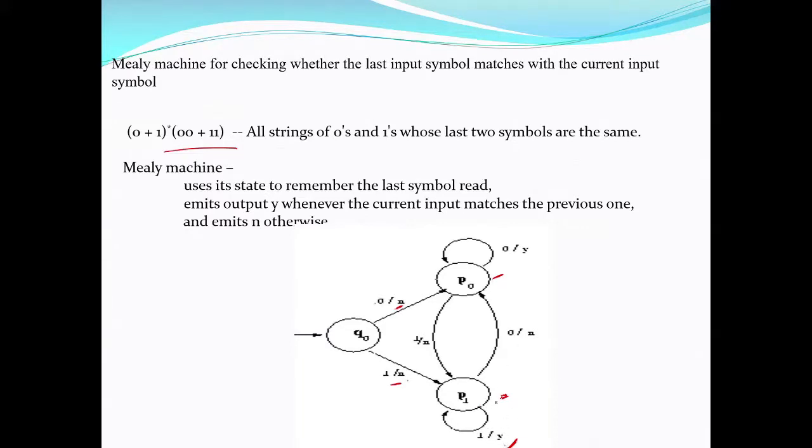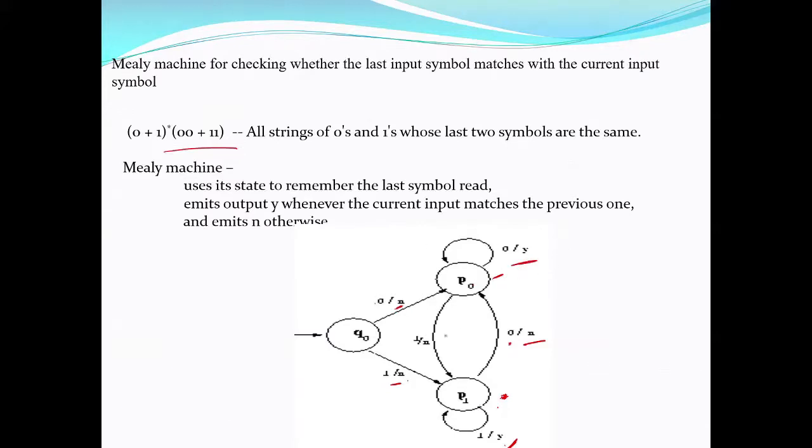Suppose you are here and you get 0. Then current symbol is 0 and previous symbol is 1, so it will not match. So I have to give you N. Similarly, you are in P0 means the last symbol is 0. Now you get one more 0, then the current symbol will match with the last symbol 0.